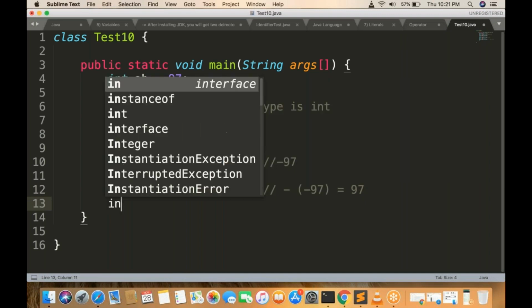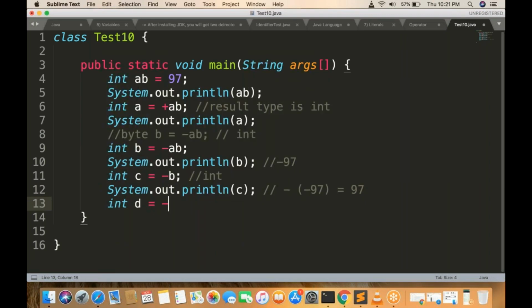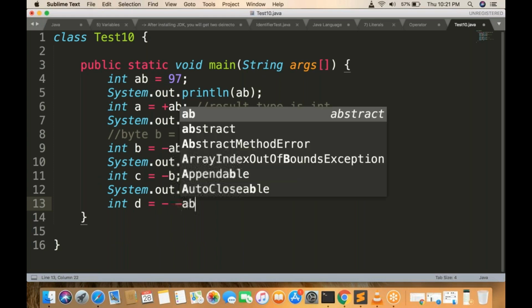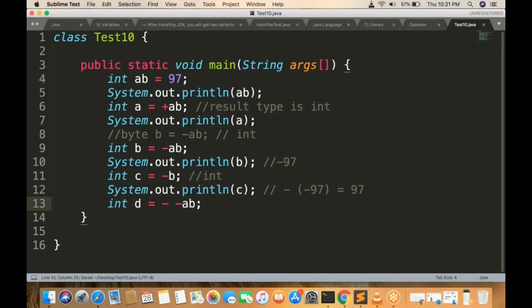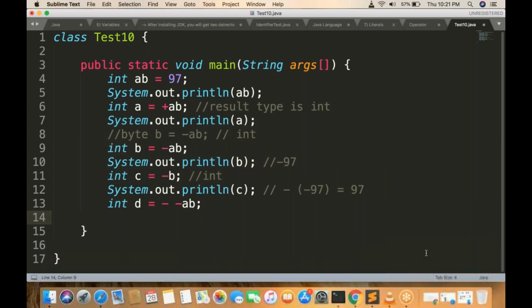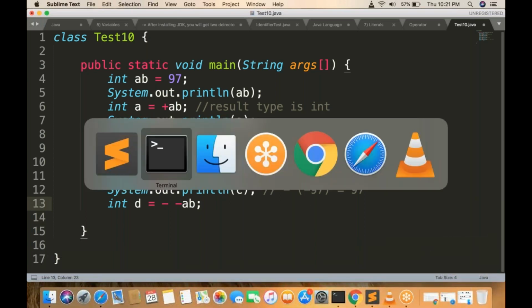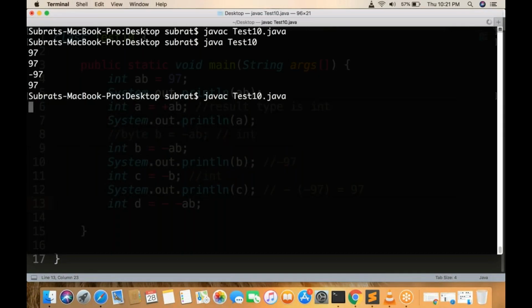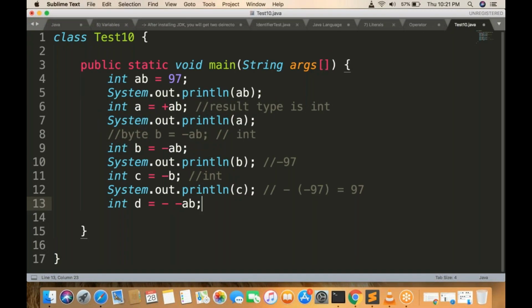Now suppose I am doing int d is equal to minus AB. Now tell me, can I do this? Can I do this, guys? Error? No, no error. It is the same as this only.